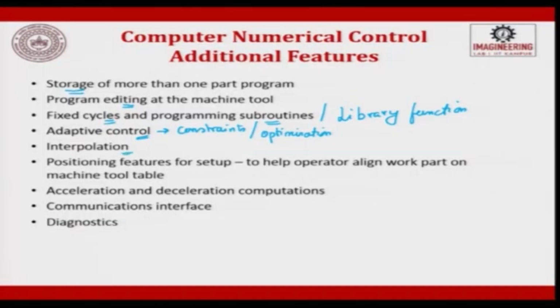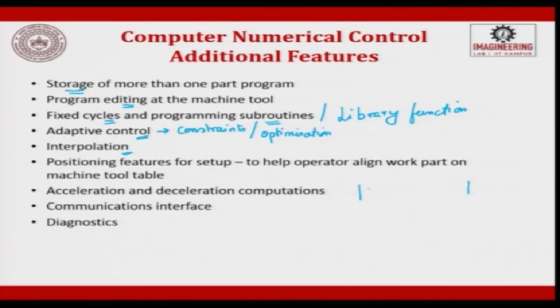Then the CNC machines can do interpolations, which we saw: circular interpolation, linear interpolation and helical interpolation. There are positioning features of setup to help the operators align work parts on the machine tool table. So, this is an additional feature they have. Acceleration and deceleration computations can be done. That means start from here, go up to here, stop here.